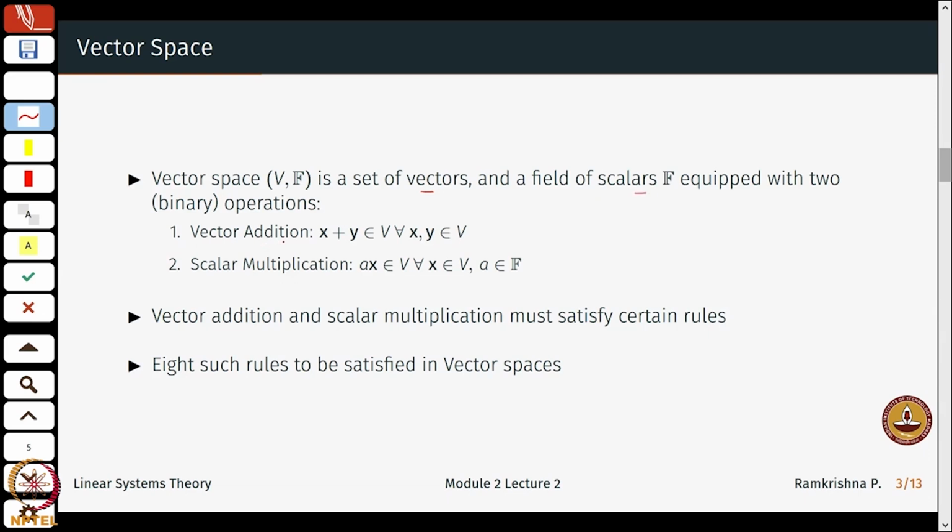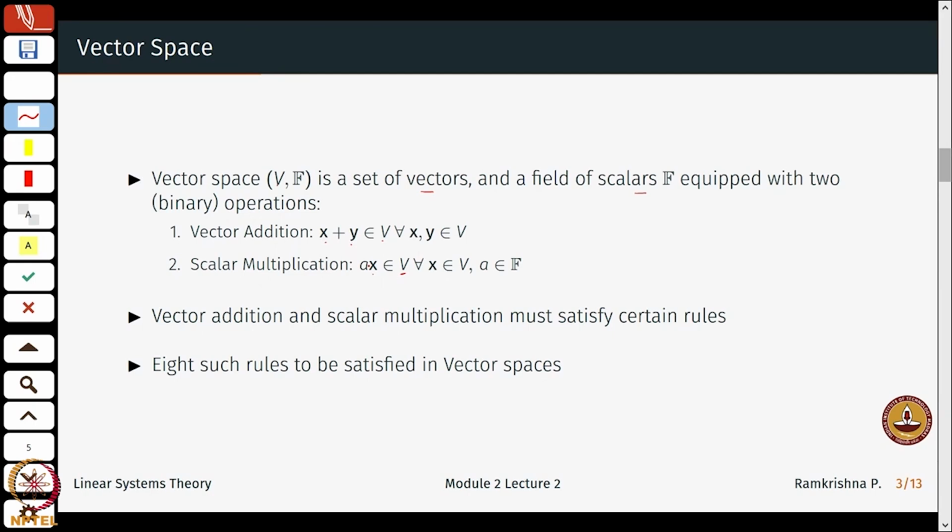The first is vector addition, which is defined on the elements in V in such a way that it is closed under addition: x plus y will give me another vector which is also in V. It is also closed under scalar multiplication, in that if I take an element from a field F, in this case simply the real line R, multiplied with x, I still get an element of V. So it is closed under vector addition and also closed under scalar multiplication.